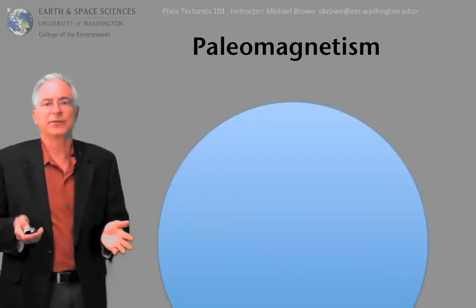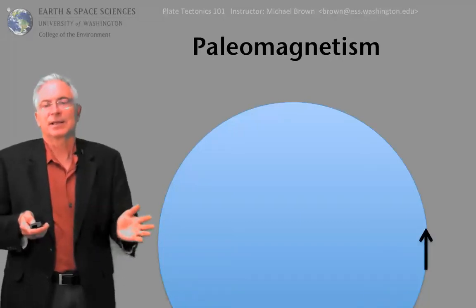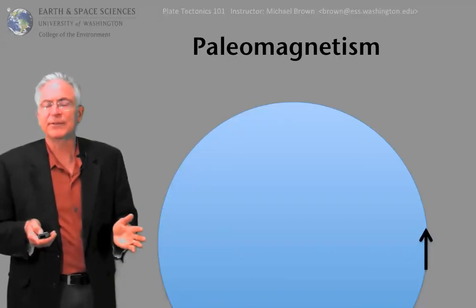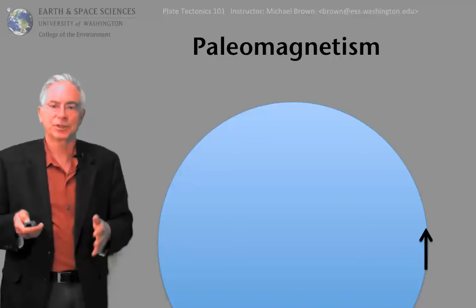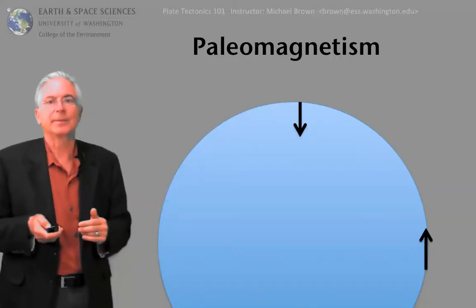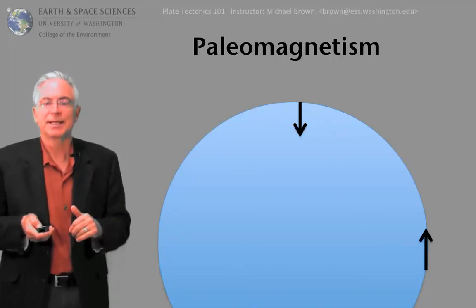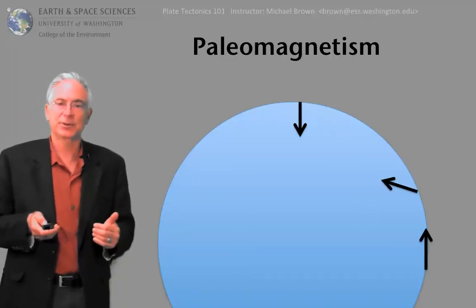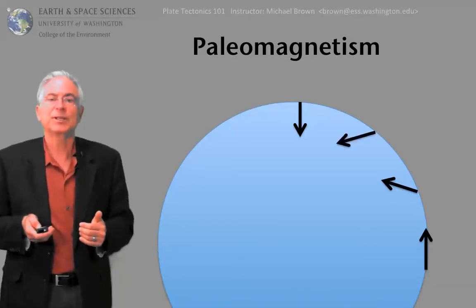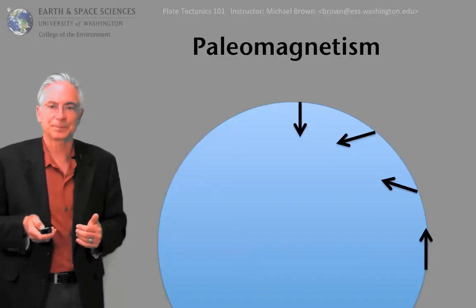Let's look at a field called paleomagnetism, and let's again look at the Earth's magnetic field. At the equator, it is horizontal, and at the magnetic pole, the magnetic field is pointing straight down. In between, the magnetic field lines at the Earth's surface point increasingly downwards as you move from the equator towards the pole.